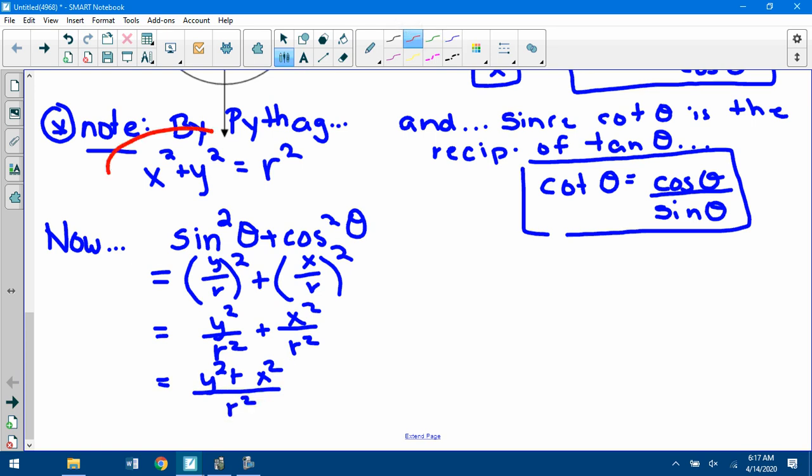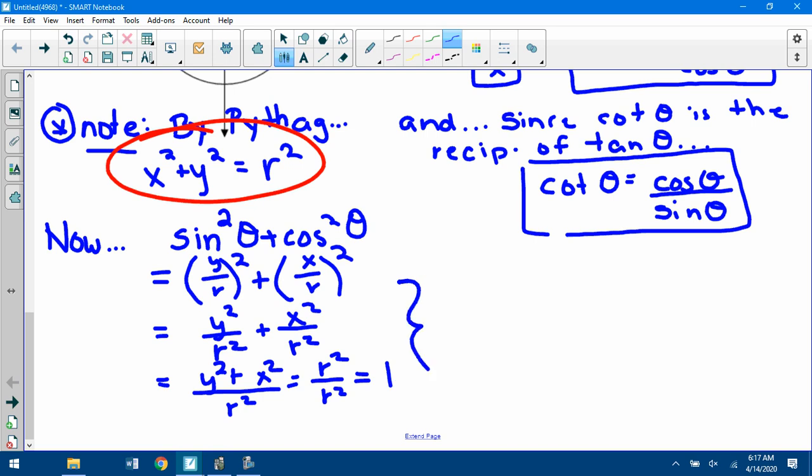But then go back to this. What's y squared plus x squared equal? R squared, right? So this is really just equal to r squared over r squared. And r squared over r squared is always 1.